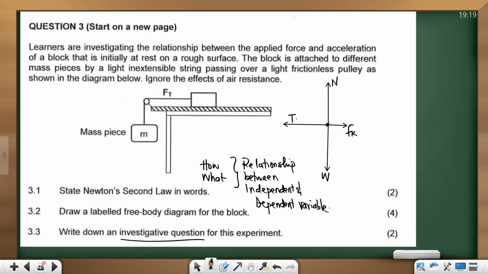So it's a question that is trying to get to the bottom of the relationship between your independent and dependent. And if you learn to read, it's right on top there in the statement. That's what we don't like to do though. Learners are investigating what? Talk to me.